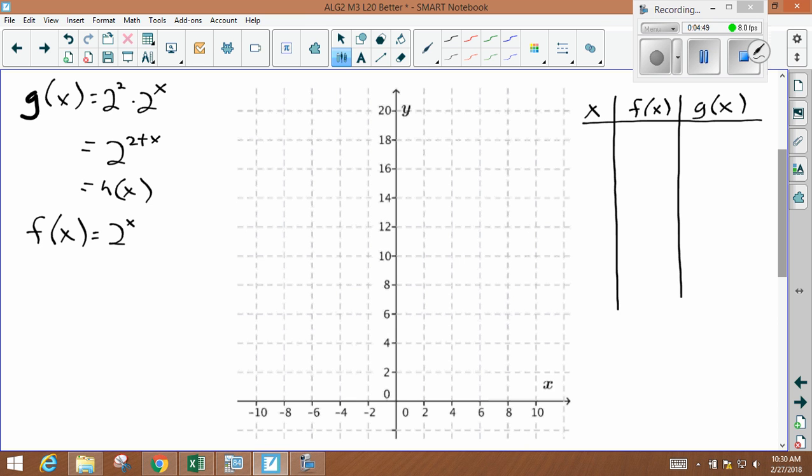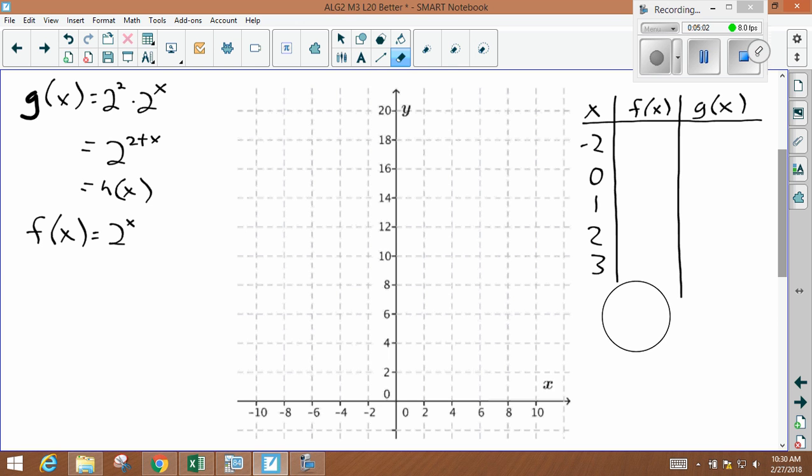So what happens when I plug in -2, 0, 1, 2, and 3? Do you just pick those numbers at random? Yeah, kind of random. They're smaller, so they'll be easier to calculate. And then I chose some numbers on the negative side of the y-axis, and then some on the positive side, so that I know kind of what's going on on both sides of our y-axis.